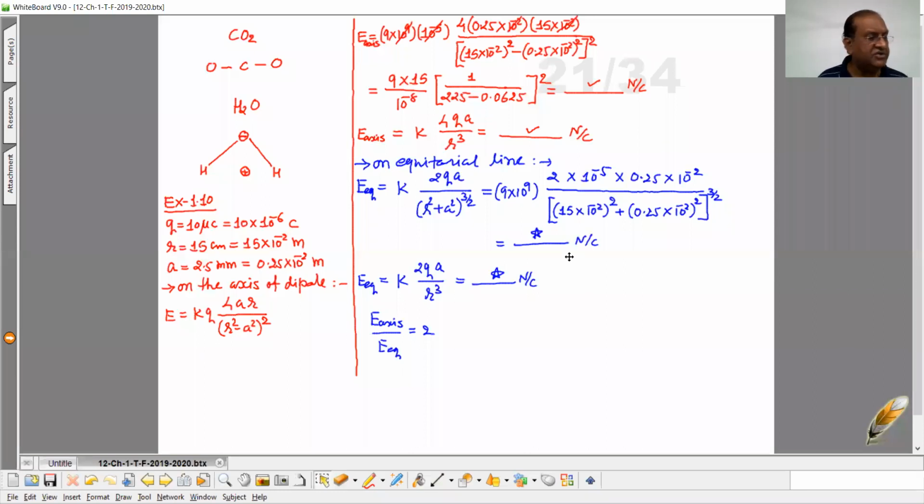Then after, illustration number 1.10: two charges plus or minus 10 microcoulomb are placed 5 millimeter apart. Determine the electric field at a point P on the axis of the dipole 15 centimeter away from its center O, on the side of the positive charge as shown in figure A, and at a point Q 15 centimeter away from O on a line passing through O and normal to the axis of the dipole as shown in figure B. Okay.